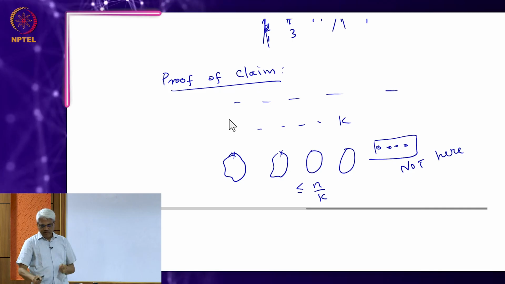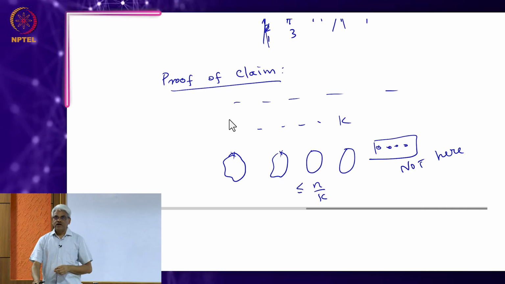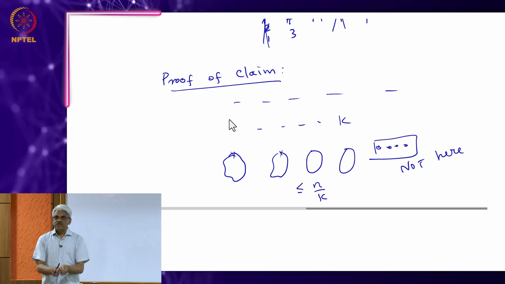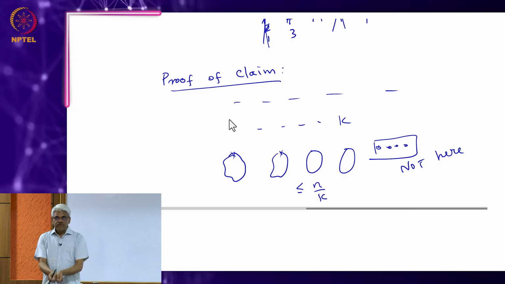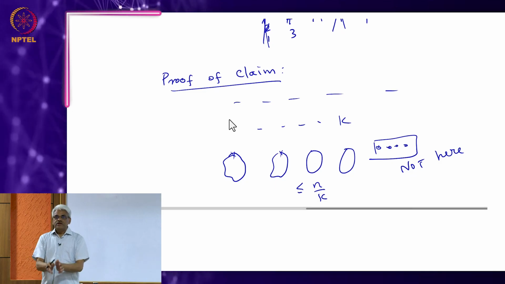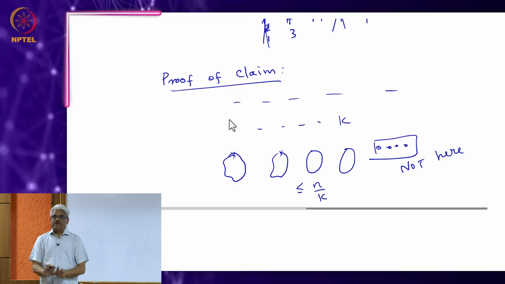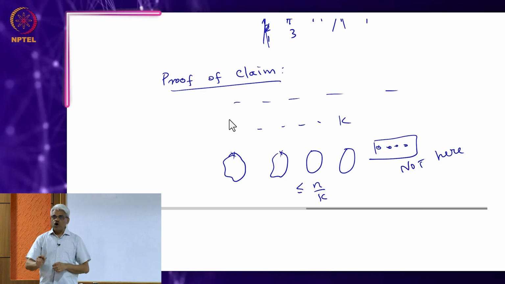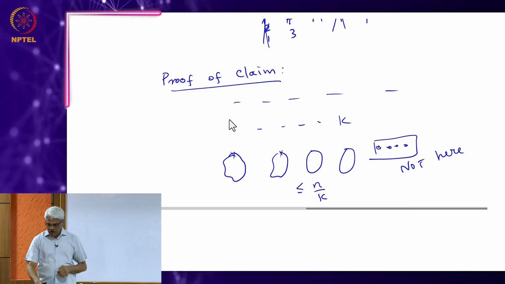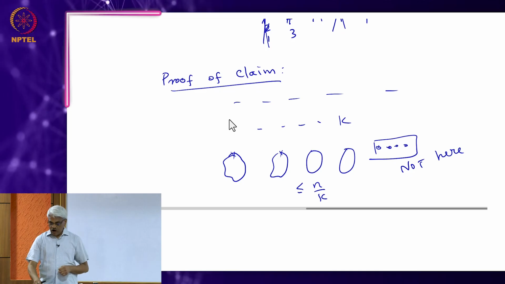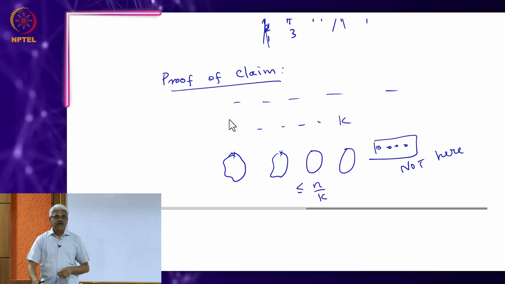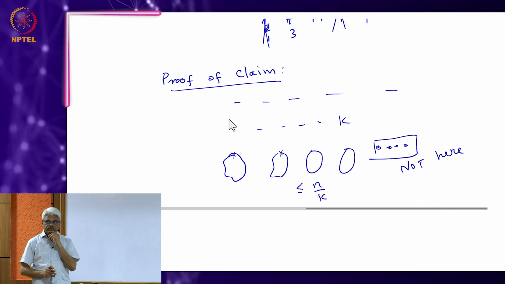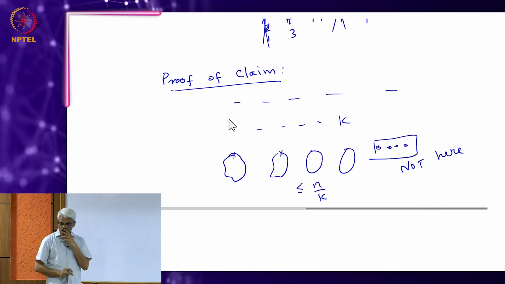So, any element not in this final list can appear at most once in each of the groups. The number of groups is at most n by k. So, their frequency can at best be n by k, not strictly more. The only possible candidates here are the ones whose frequency is strictly more than n by k. Okay.